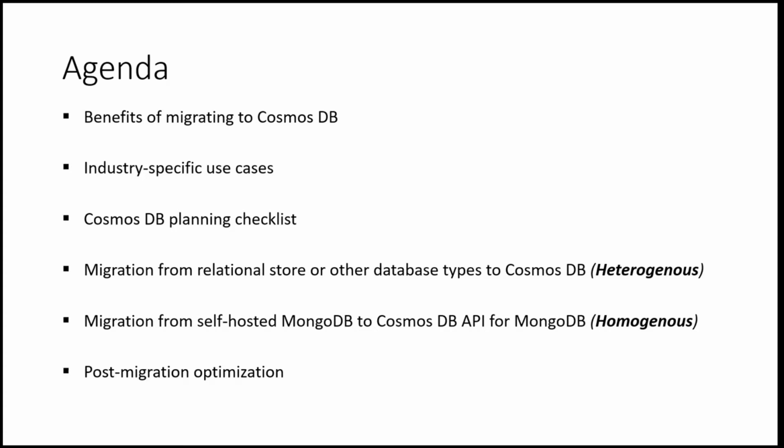The example here would be migrating from self-hosted MongoDB or Atlas to Cosmos DB API for MongoDB. And lastly, the overall migration approach is usually assess, migrate, and then optimize. So you would still need to monitor your deployment and make sure everything is good and see what other optimization you need to do for your Cosmos DB workload.